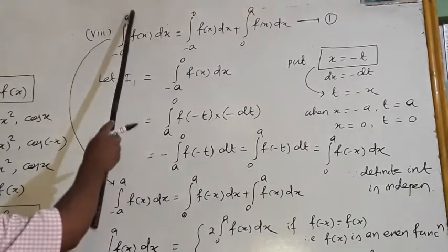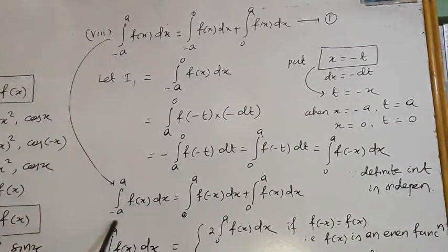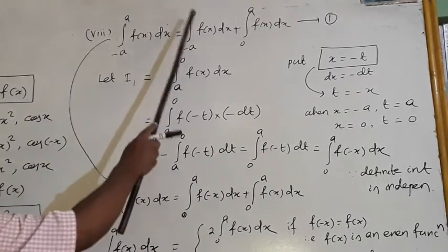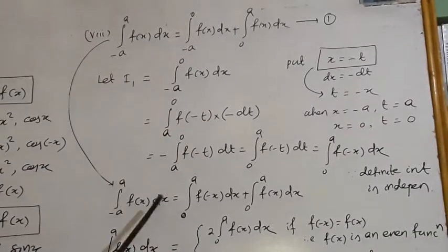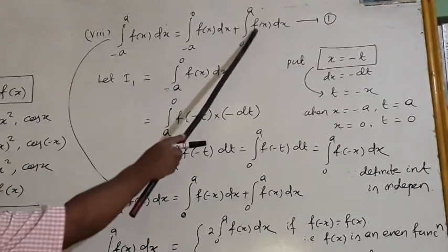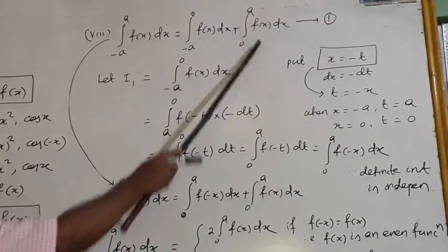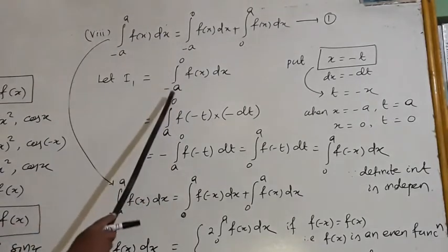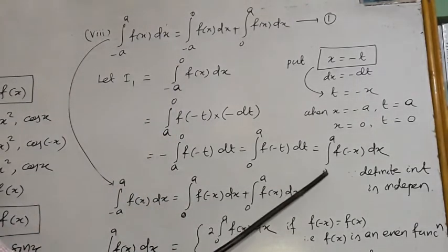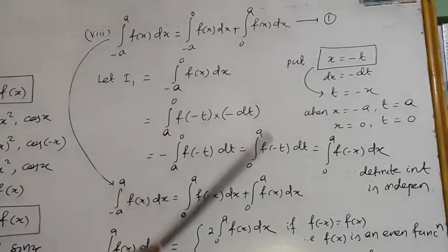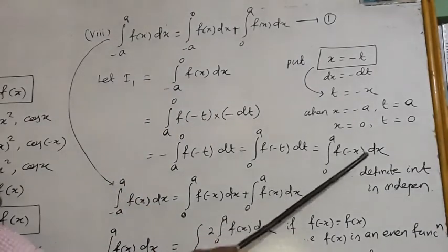Now look at here. The question comes from this point: minus a to a fx dx. Now it is what? Minus a to 0 fx dx plus 0 to a fx dx. I am keeping the second as it is. And in place of minus a to 0 fx dx, I am writing 0 to a f of minus x dx.